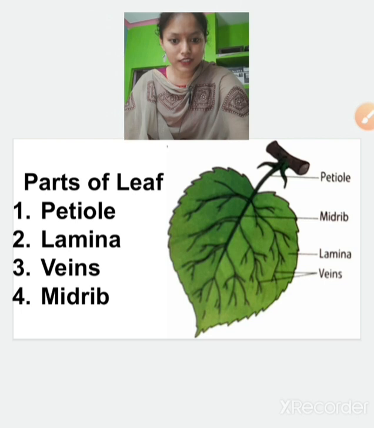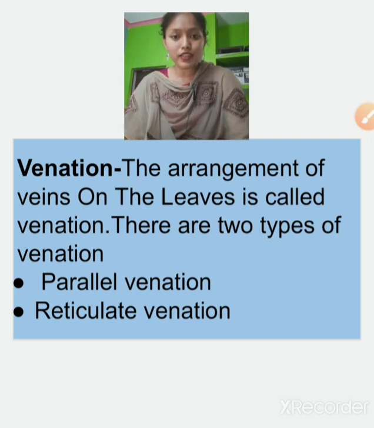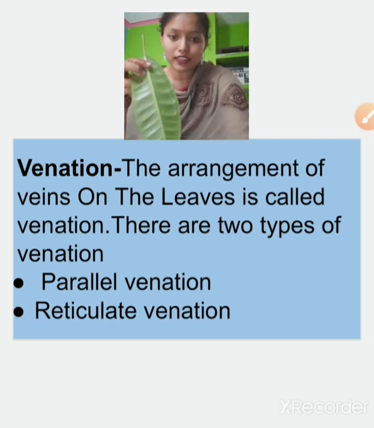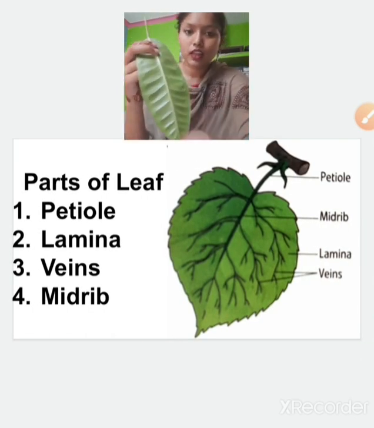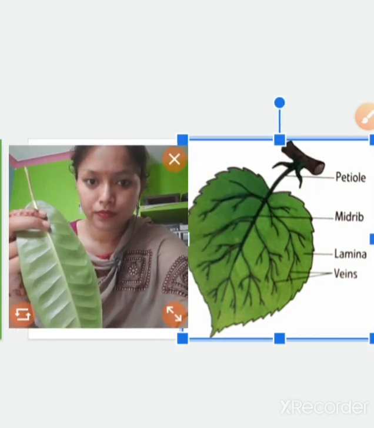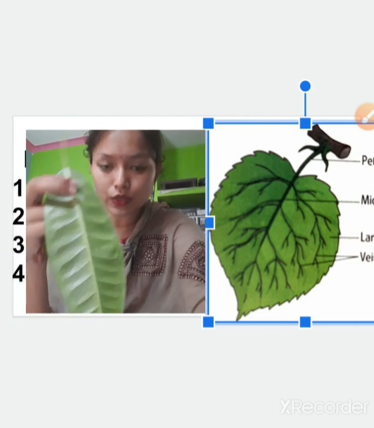Now after this, we will study venation. As you can see on this leaf, just see the leaf, this one. I'll make it more clear. Now in these two leaves, can you see some difference?